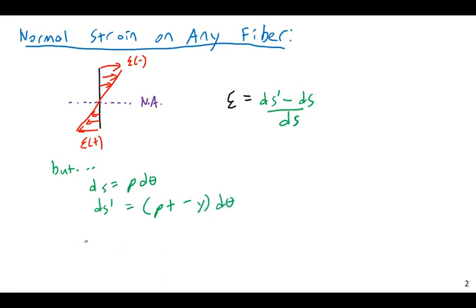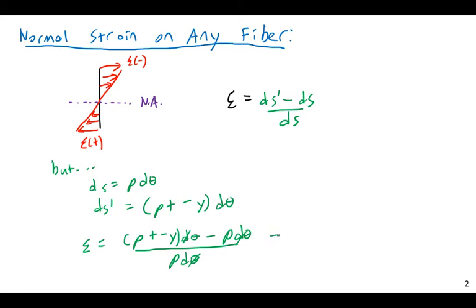And then if you work through it and substitute this in, strain is equal to rho plus negative y d theta minus rho d theta, divided by rho d theta. And the d thetas will all cancel out.